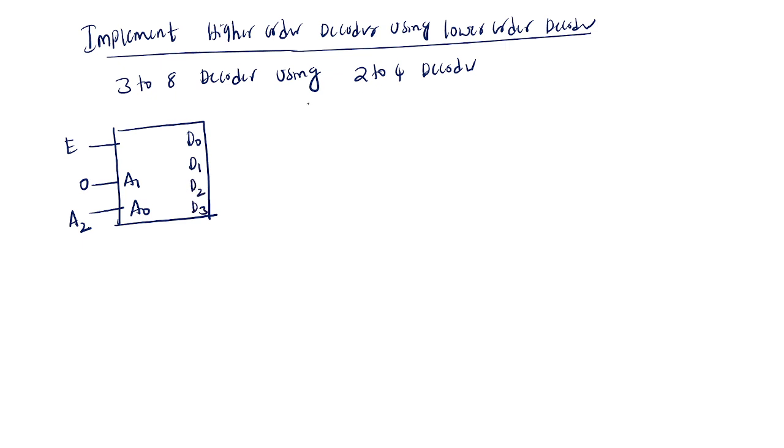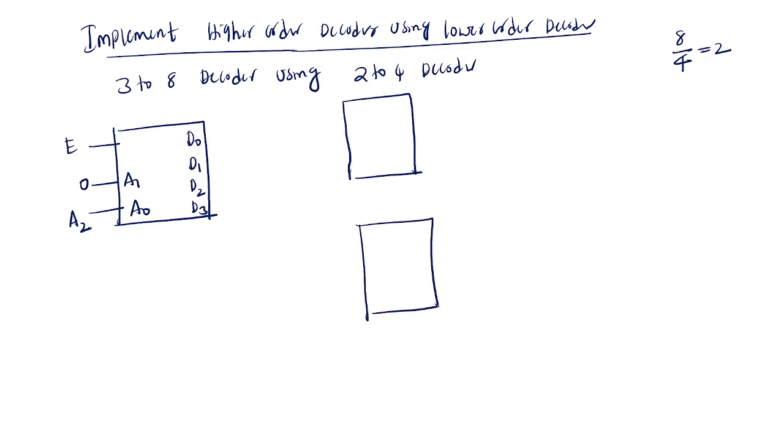Again, here two more decoders, same as mux only. Dividing 8 by 4 means 2 you will get. So two decoders in the second stage, one decoder in the first stage you will get.